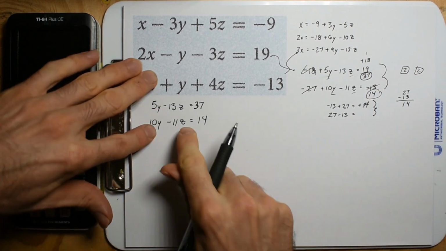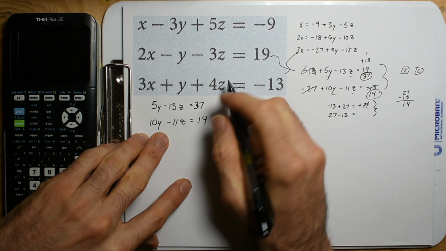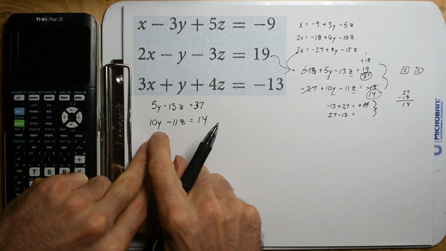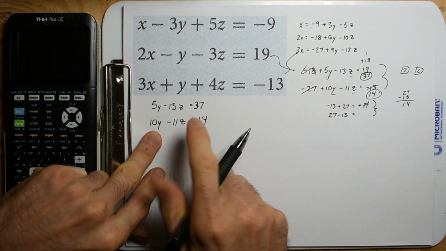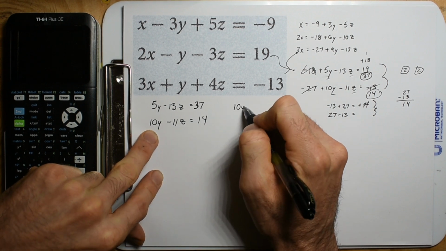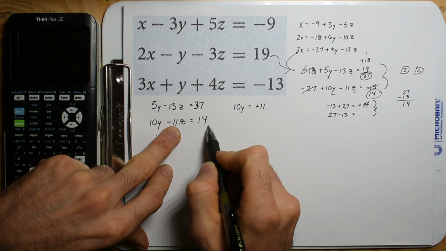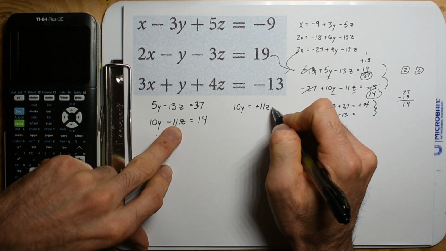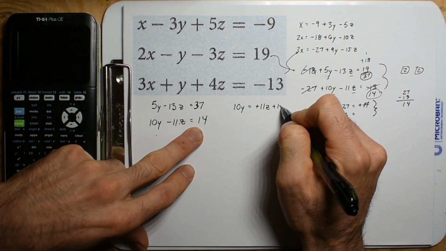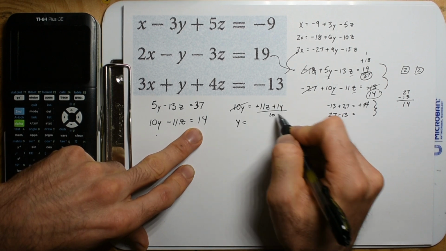Okay, so we want to know what z is, so we're going to solve for y. Is that going to be the easiest one? I think let's solve for y down here because we can just divide things by 10. So 10y is equal to, oh sorry, when we bring this to the other side, it becomes positive. So 11z plus 14, and y is just divide by 10.